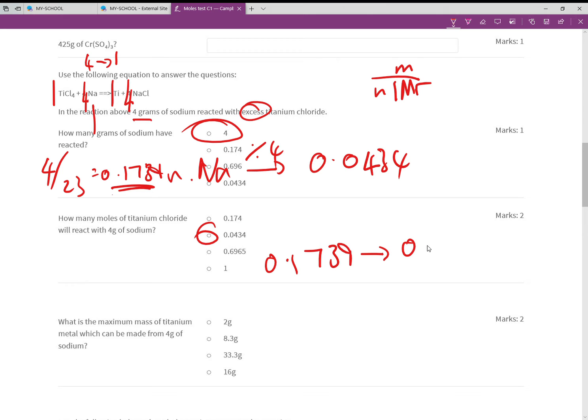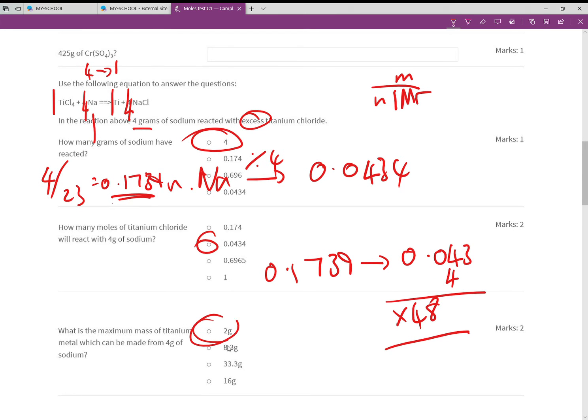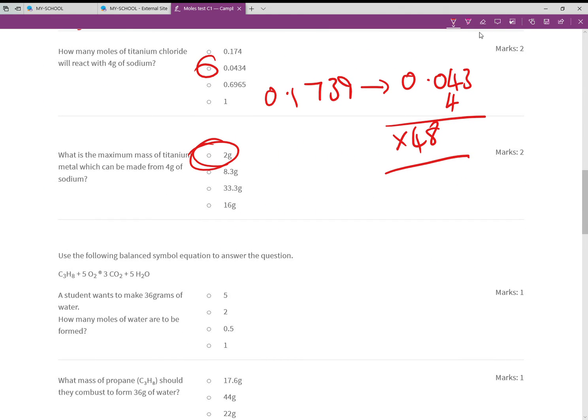So therefore the moles of that I will get will be that value divided by 4, which is that. Okay, the atomic mass of titanium metal is 48, so mass equals moles multiplied by atomic mass, so that gives me 2 grams. Okay, so the answer to that one is a nice little round 2 grams. Okay, so let's move on to the next one.